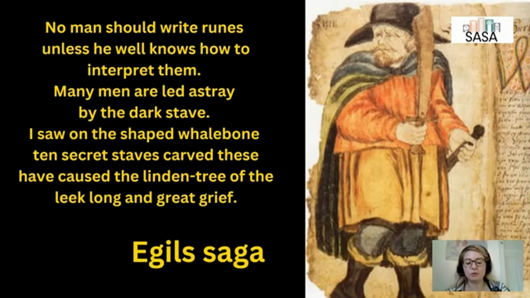So one example involves him encountering a piece of whale bone intended as a love charm, and then he criticizes the carver's incompetence, claiming that the secret staves he carved on it have caused the recipient harm instead of enchantment. So he then burns the bone and replaces it with a new runic message, healing the afflicted girl.